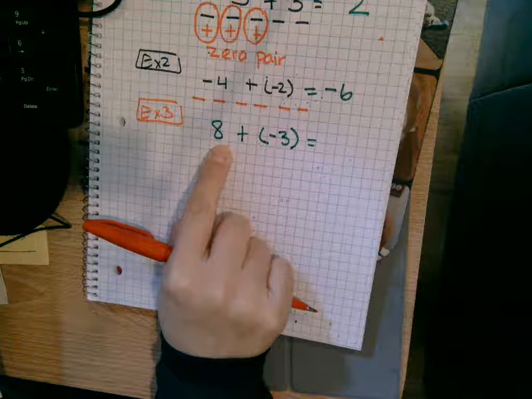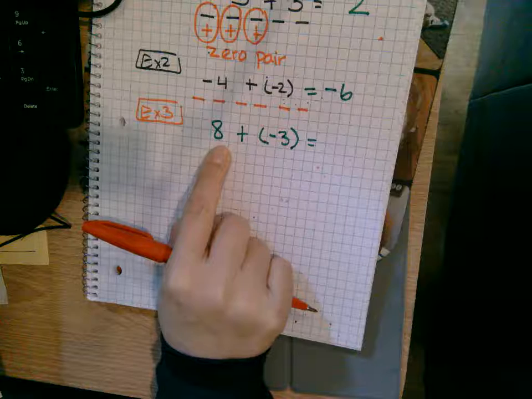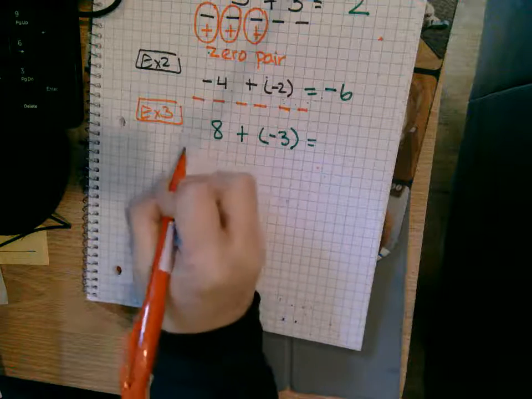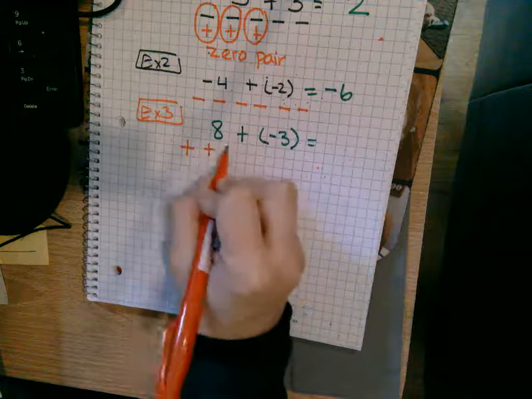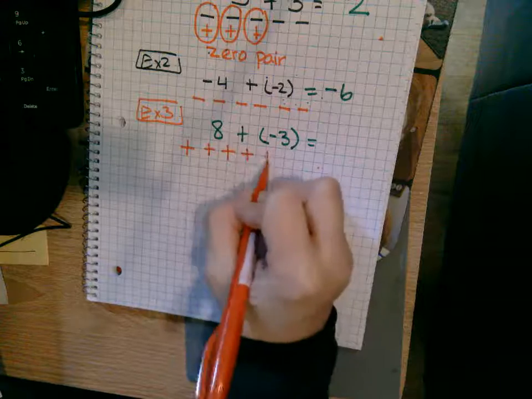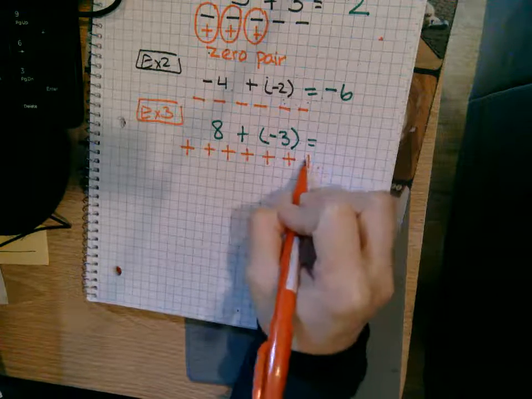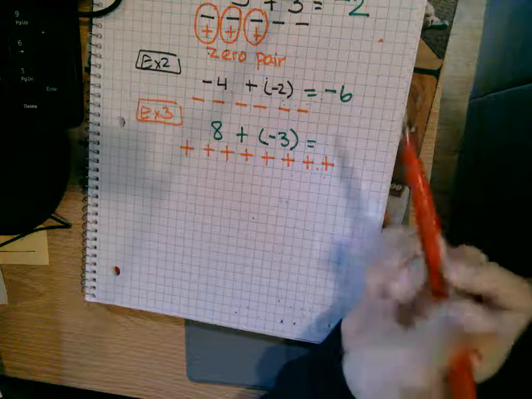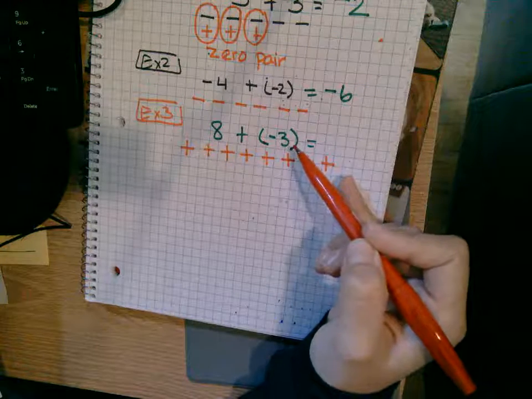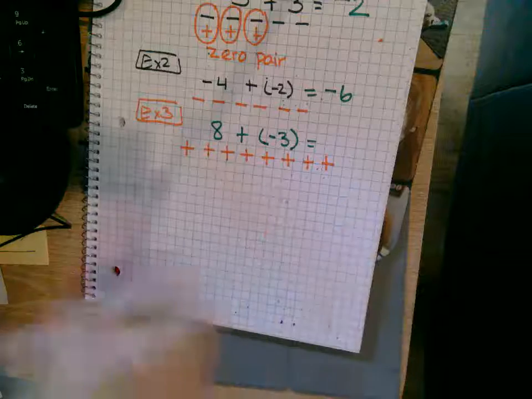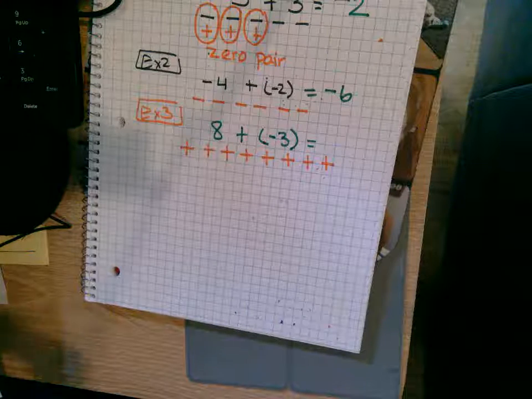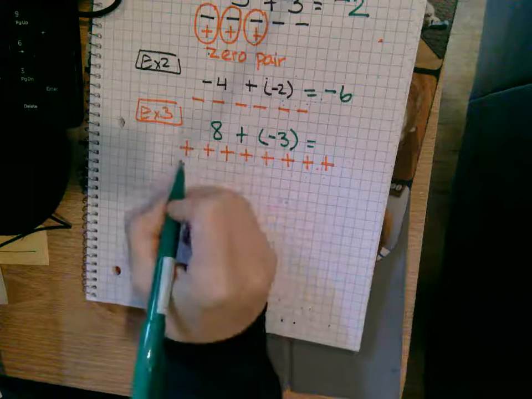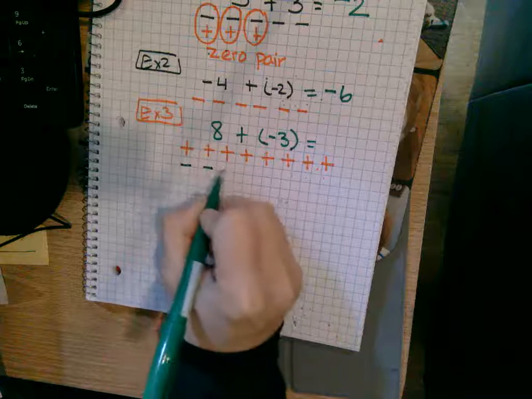Now it's positive, so I'm going to draw +8 tiles. 1, 2, 3, 4, 5, 6, 7, 8 positive tiles. Now my second number is -3. Oh, that's different tiles, so I get to draw them on the bottom. I'm going to draw 3 negative tiles on the bottom. 1, 2, 3.